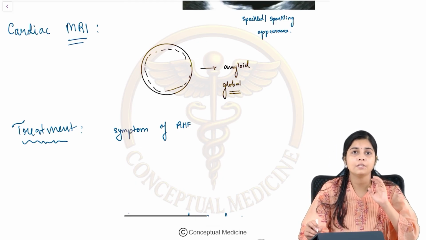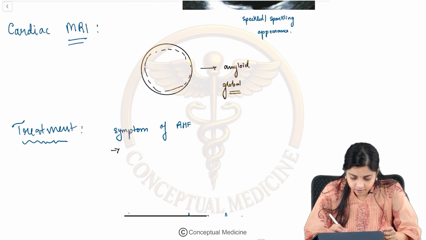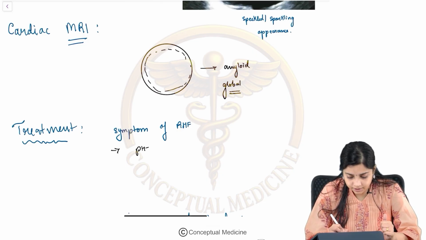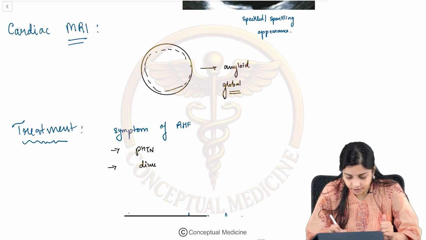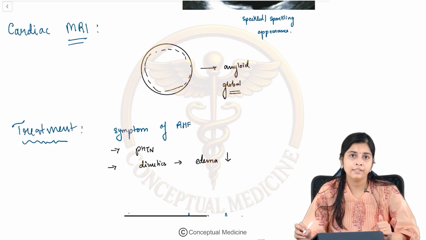So you give drugs which cause symptomatic improvement of pulmonary hypertension, then you can give a small dose of diuretic to reduce the edema.